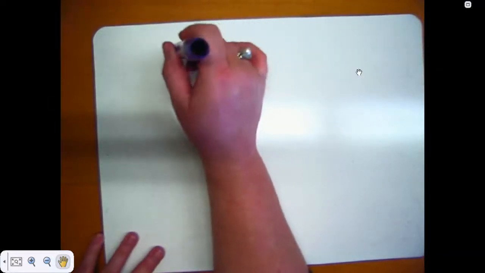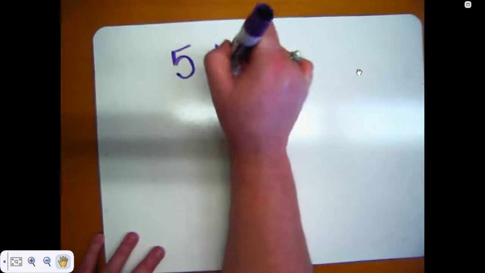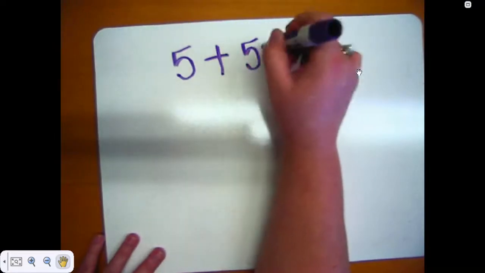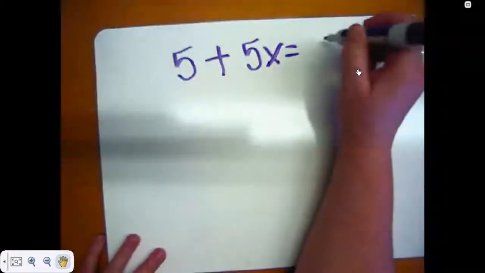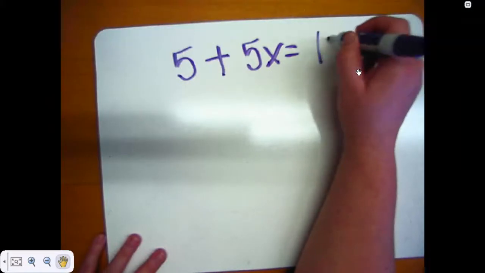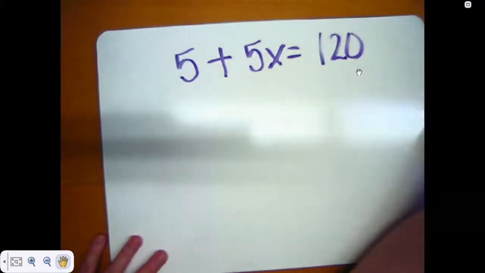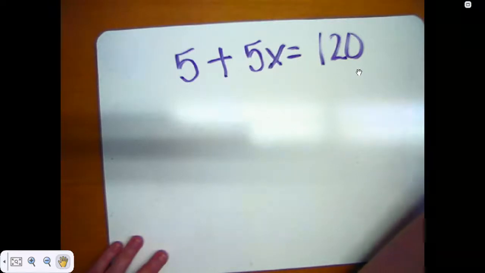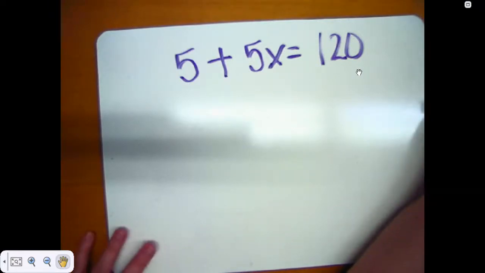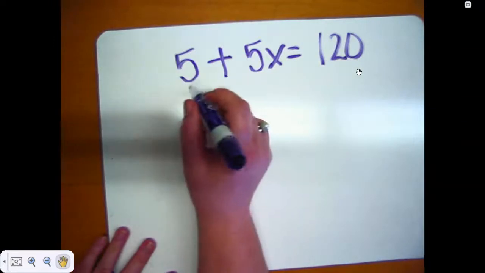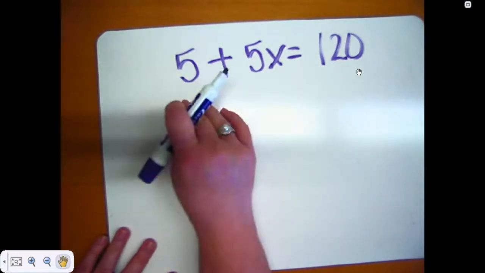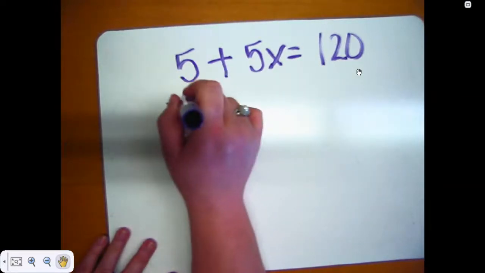What if you had 5 plus 5x is equal to 120? It doesn't matter where the variable is, it still wants to be by itself. So you would get rid of anything else. So this is a positive 5, so I would do negative 5.